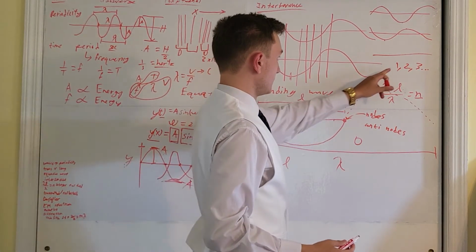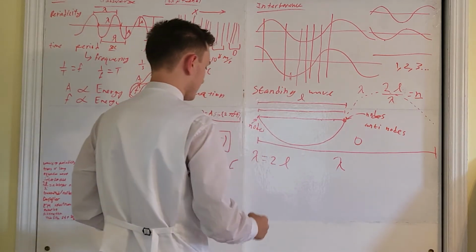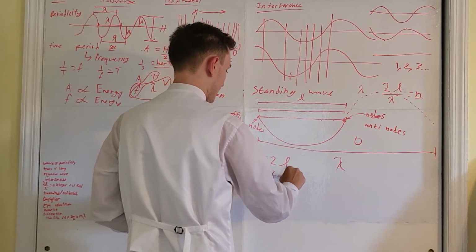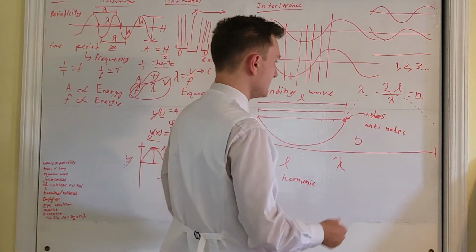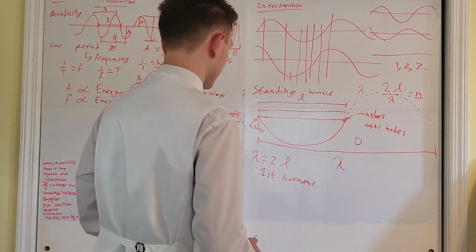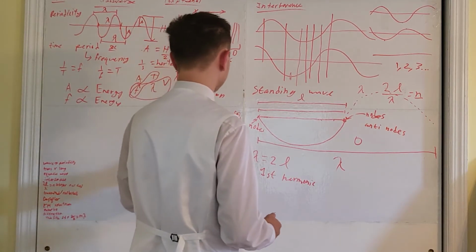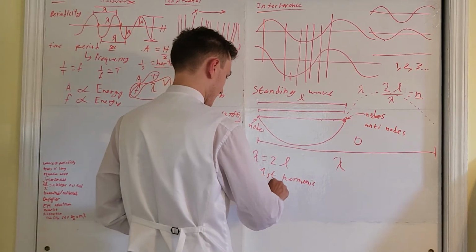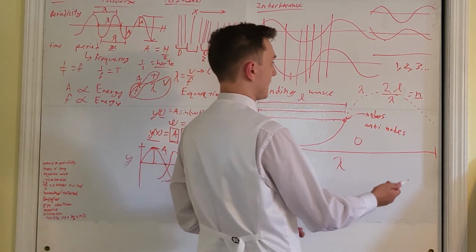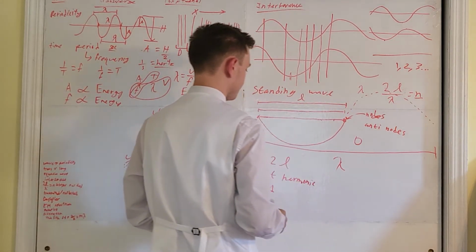When our integer is 1, that is what we call the first harmonic. And the first harmonic is what we call the fundamental wavelength, the fundamental lambda. Okay? You just need to memorize that that's what it's called. The second harmonic, as you might have guessed, is what happens when we set n equal to 2.